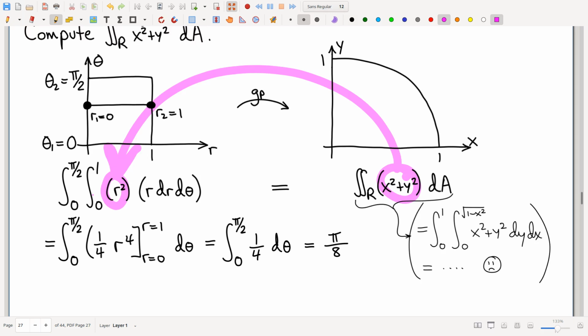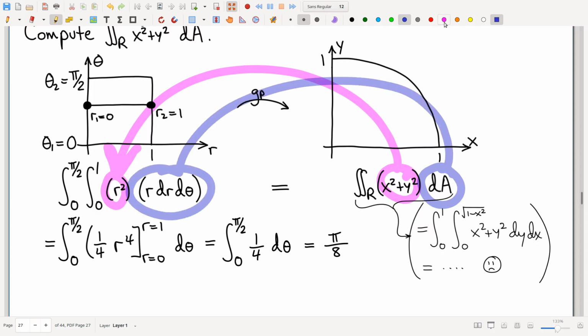You could have plugged in x equals r cosine theta, y equals r sine theta, multiplied it out, and used the Pythagorean identity. Or you can just remember that that's one of our path formulas. x squared plus y squared is r squared. Don't forget the stretching factor. It's really easy to forget that. The stretching factor, of course, being as previously computed, just r.